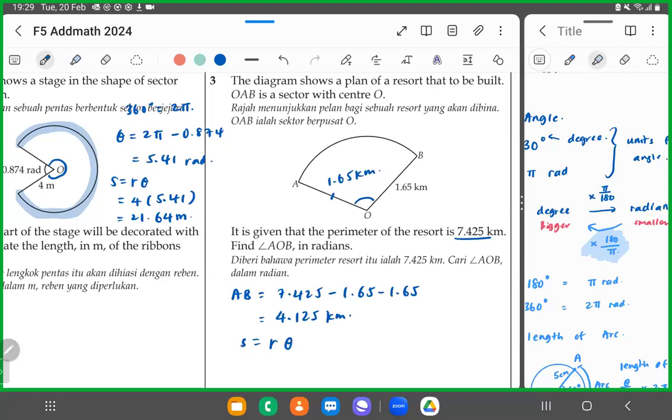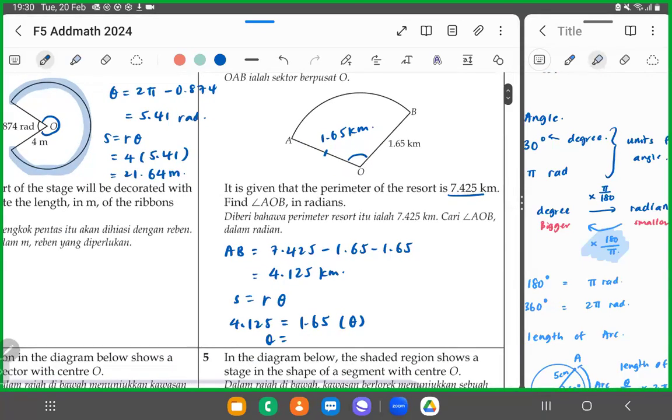Find the theta. 2.5 radian, correct. So 4.125 equals 1.65 theta. So theta equals 2.5. Very good.